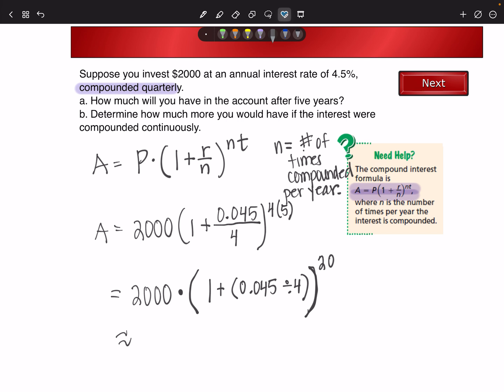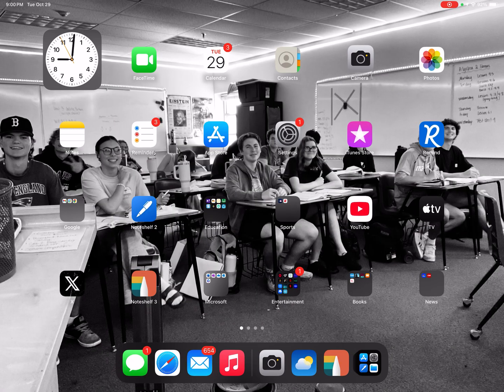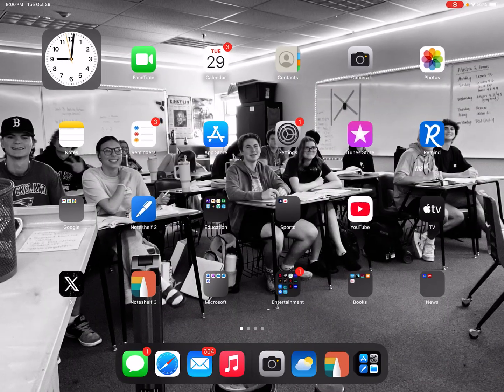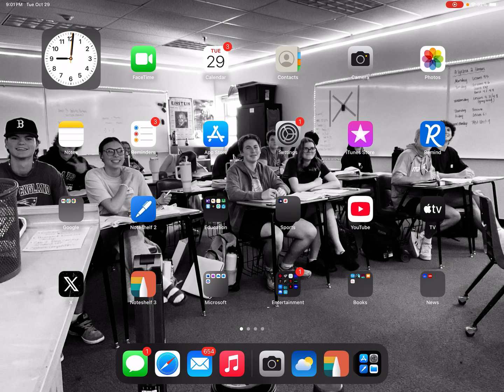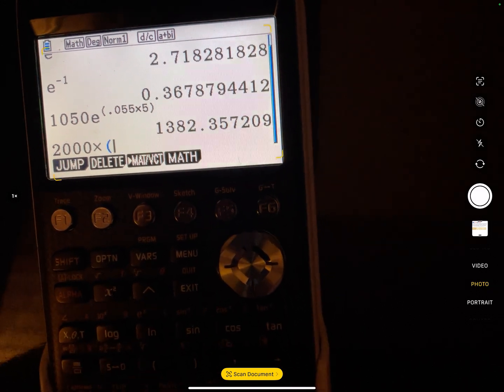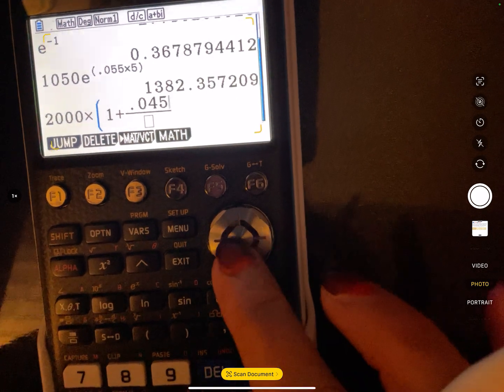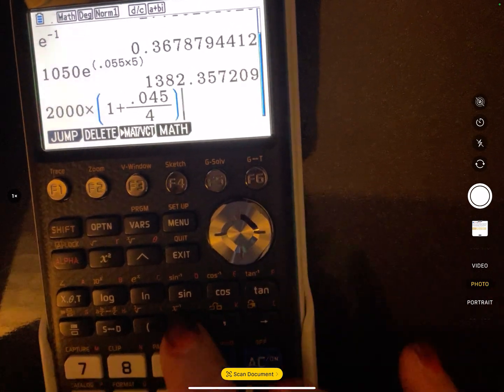Let's put that into our calculator. I'm going to show you putting it into my calculator because this might have been a long time ago in Algebra 1 that you did this problem. It was $2,000 that we were investing. So 2,000 times, and I have parentheses, 1 plus, and then I'm going to use my fraction bar, 0.045 divided by 4, end parentheses.